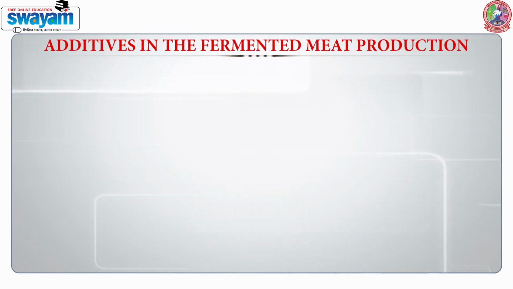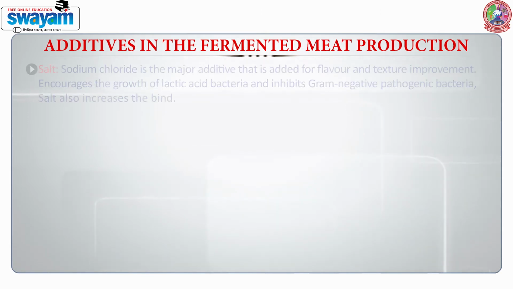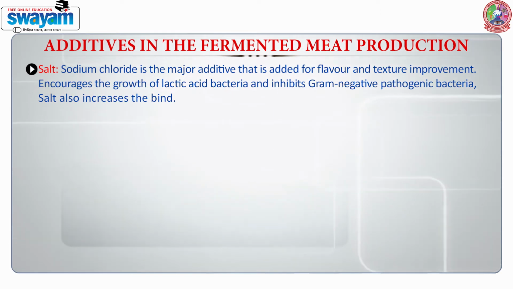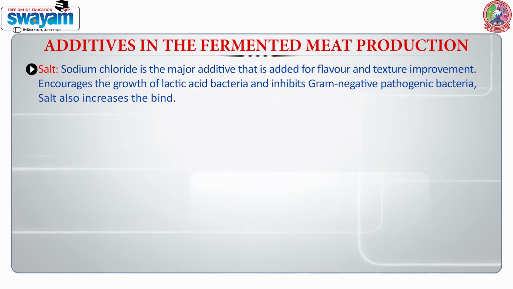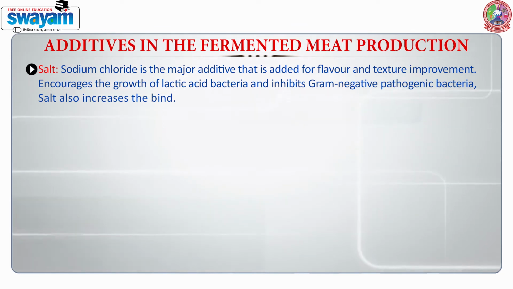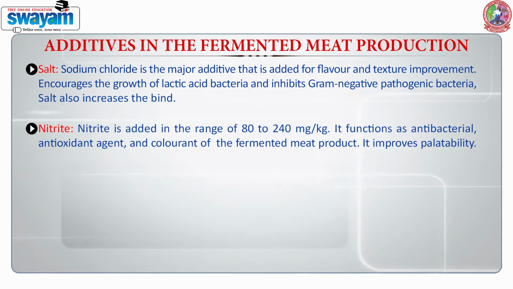There are certain additives which are added in the production of fermented meat product. The salt or sodium chloride is the major additive, added to impart flavor and also to improve the texture of the final product. The role of the salt is to encourage the growth of lactic acid bacteria and inhibit the gram-negative pathogenic bacteria. The salt also increases the bind. Nitrite is another additive.